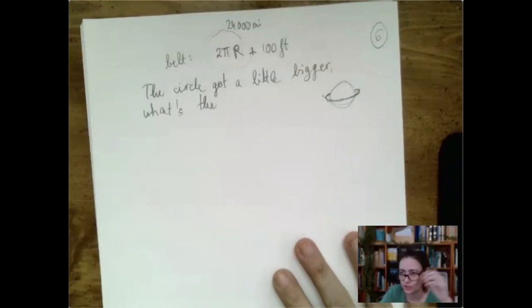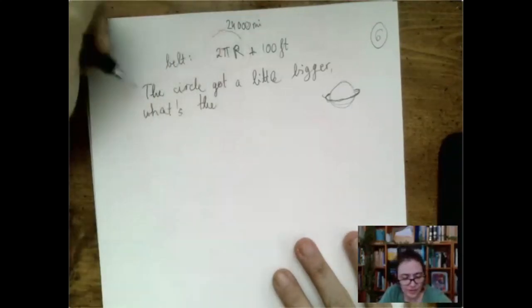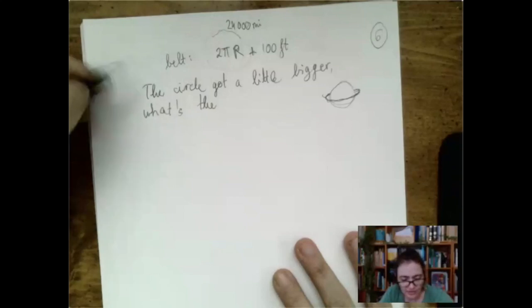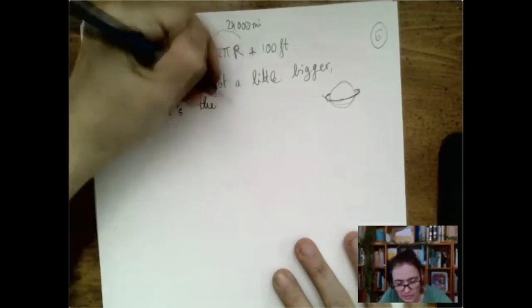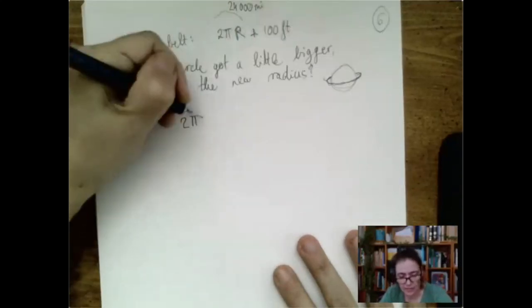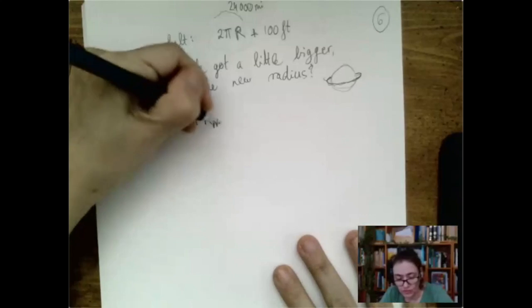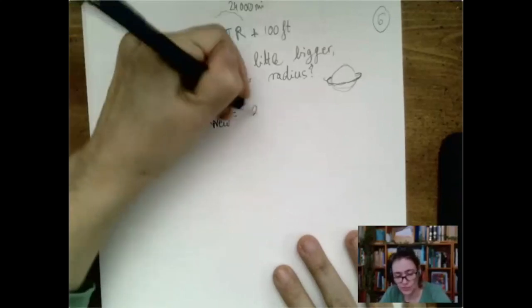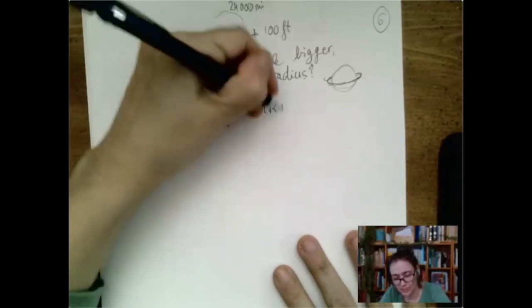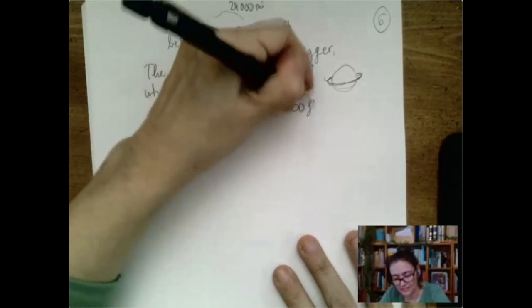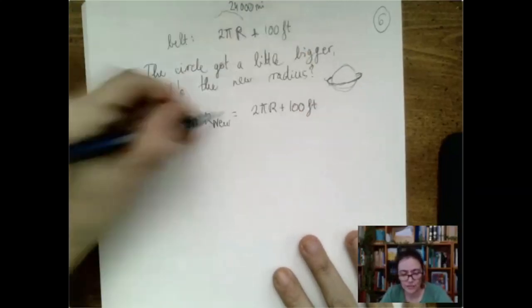Is that a truckload or just a piece of paper or anything in between? What's going on? The circle got a little bigger. What's the new radius? 2 pi r new is 2 pi r plus 100 feet, right? And we want to solve for this.